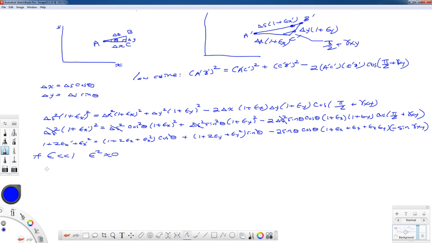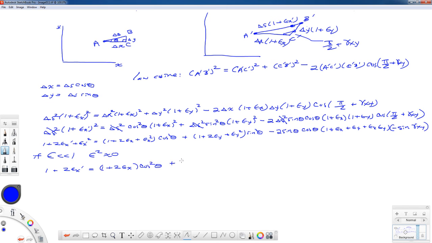Alright, so let's rewrite it. We have 1 plus 2 epsilon x prime. We have (1 plus 2 epsilon x) times a cosine squared theta.